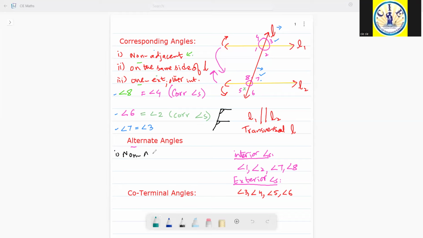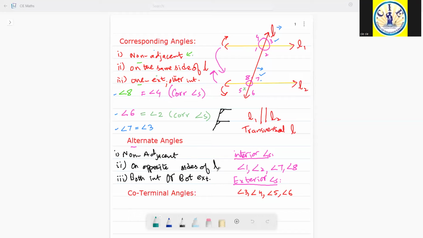being non-adjacent, then on opposite sides of transversal L, and then both interior or both exterior.